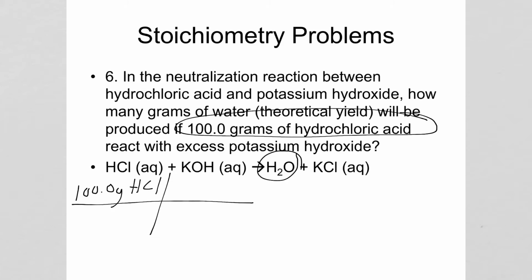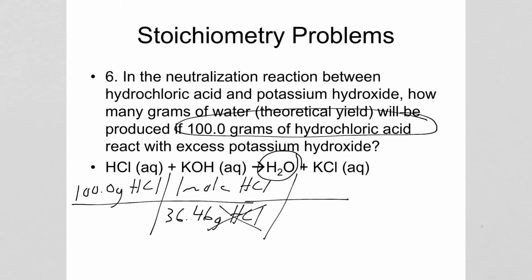So we need to know the molar mass of hydrochloric acid. Well, the molar mass of hydrochloric acid is 36.46 grams. And that's the number of grams in 1 mole. We put the grams on the bottom, so they would cancel out with these grams up here.